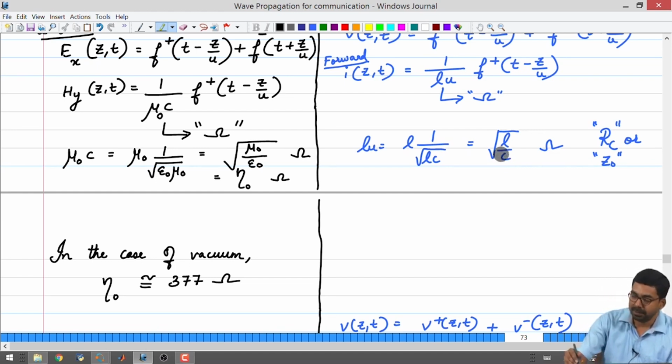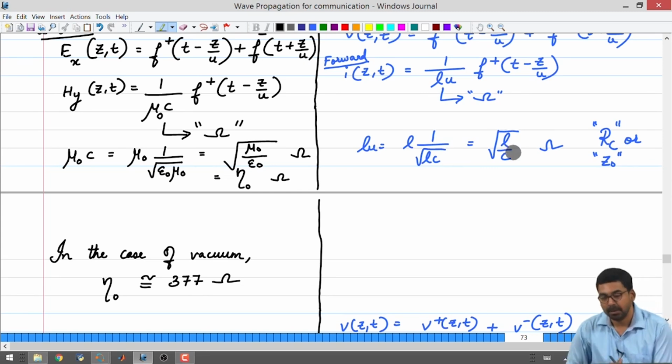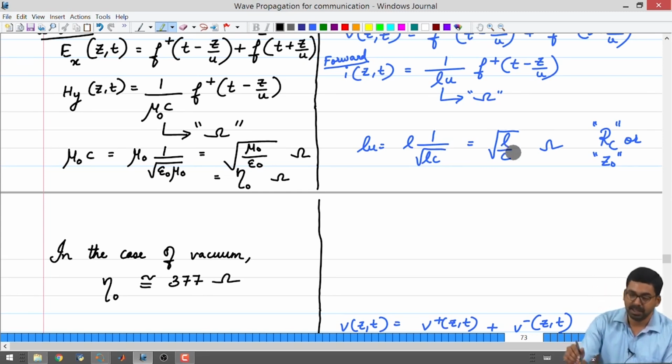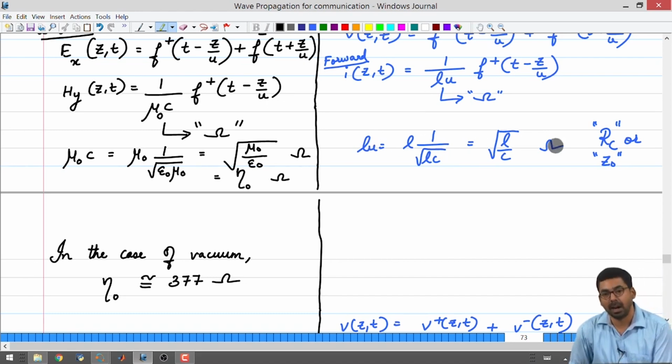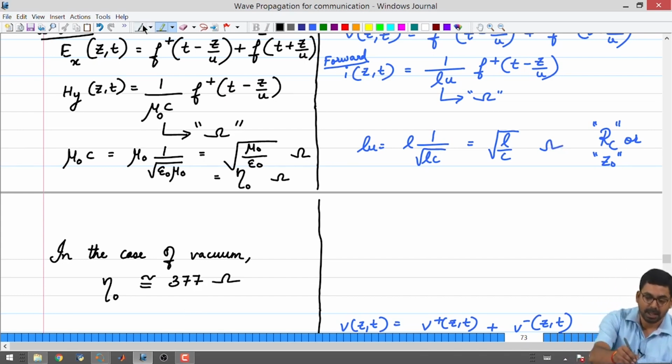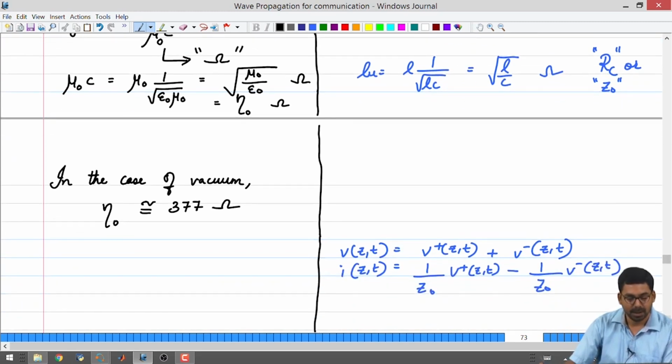One of the things that I have noticed is when we ask for the calculation of the impedance, the students immediately figure out that they have to take the forward voltage divided by the forward current, V plus divided by I plus, and then they will be able to figure out the value of the characteristic impedance. Okay. But sometimes in the case of the wave, the Maxwell's equation, it can be a little tricky for people to just imagine.